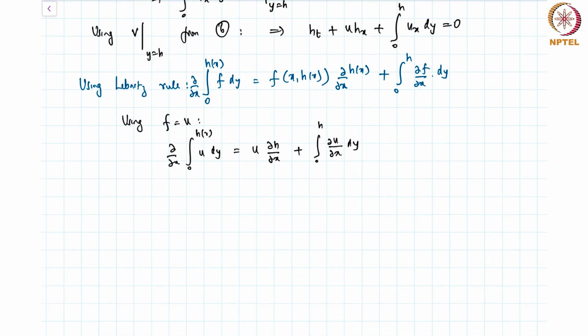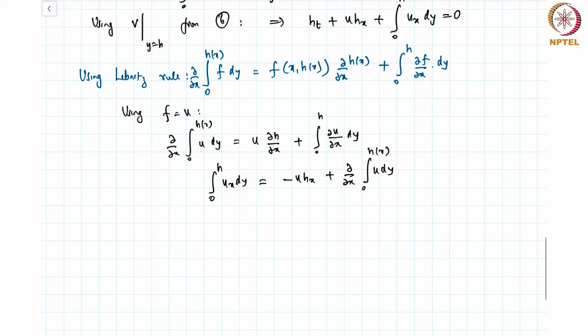Therefore the integral 0 to h of ux dy on the right hand side will simply be minus uhx plus del by del x of integral of u dy going from 0 to h of x, correct?